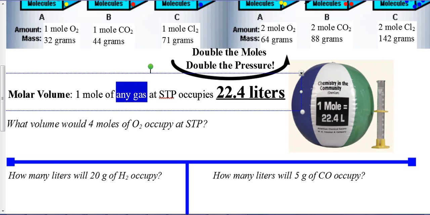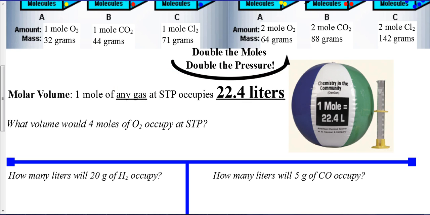If I have 1 mole of oxygen, or I have 1 mole of carbon dioxide, or 1 mole of chlorine, if they're at standard temperature and pressure, if they're all at 0 degrees Celsius and 1 atmosphere pressure, they're all going to take up 22.4 liters of space. And liters is a measurement of volume. 22.4 liters is approximately about the size of a beach ball.